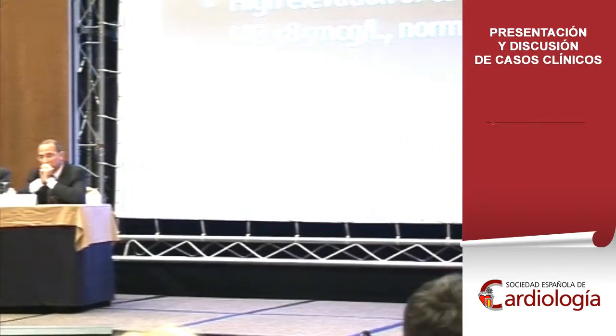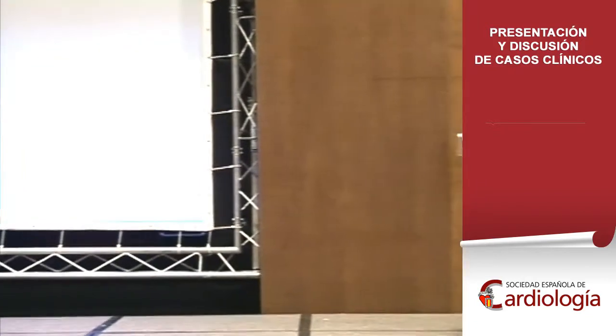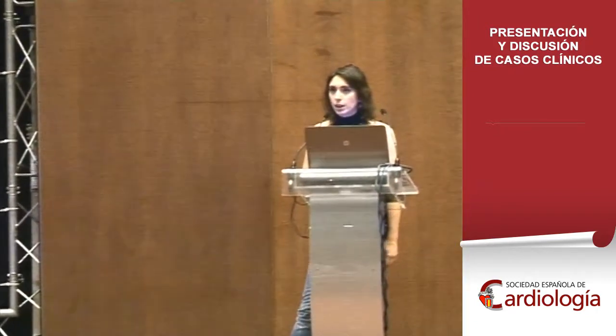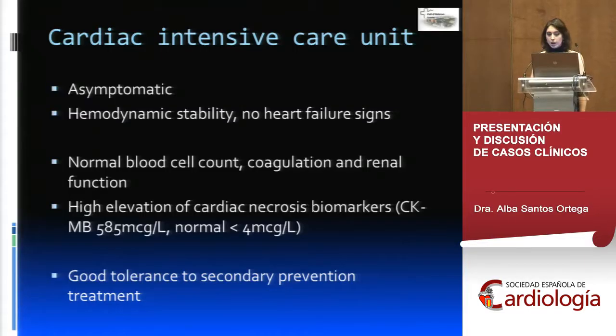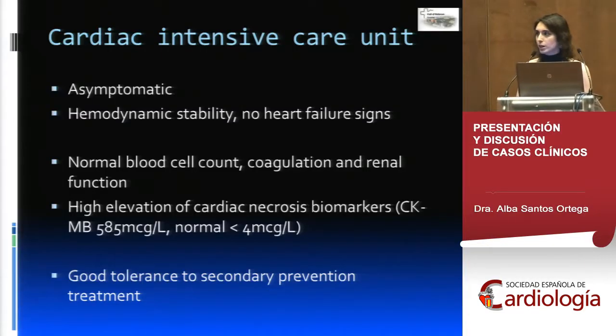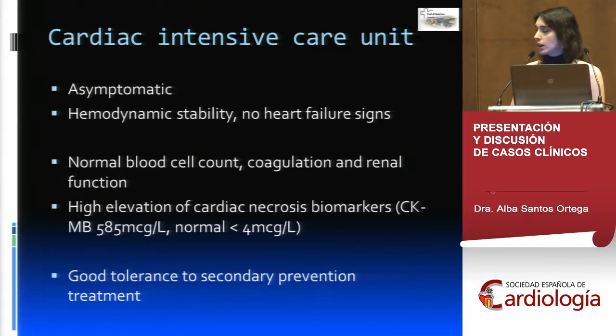So immediately after the procedure, the patient was admitted to the cardiac intensive care unit. He arrived asymptomatic, with normal blood pressure and without heart failure signs. The first analysis showed normal values except for a high elevation of cardiac necrosis biomarkers, up to 100 times the normal value.